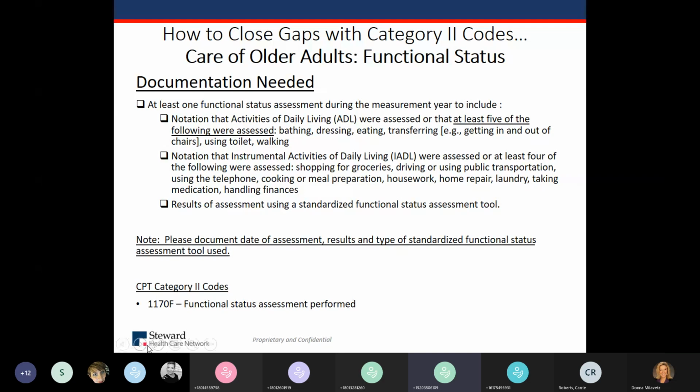Please note that it is very important that you document the date of the assessment, the result, and the type of test, the standardized functional status assessment tool that you use to gauge your patient's outcome. Moving on.